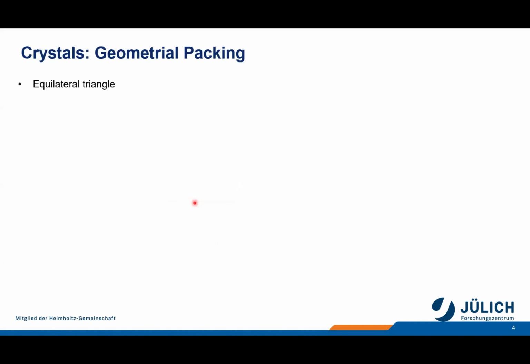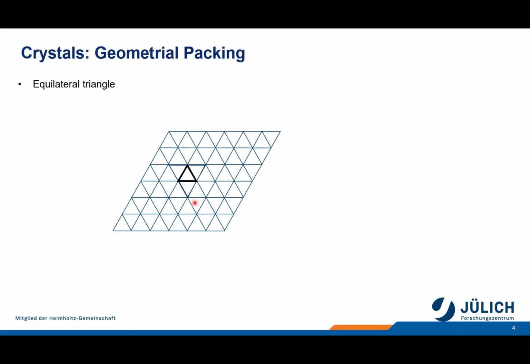And to understand this a little bit better, we have a short introduction into how geometrical objects can pack. So if we have a simple equilateral triangle, we can pack 3 others next to it. And if we continue to do this, then we will be able to fill a plane completely with triangles.